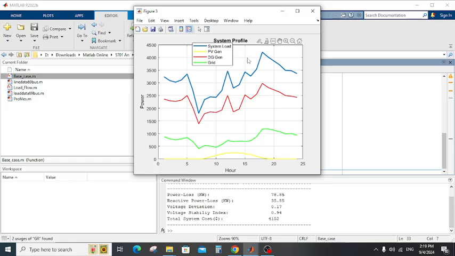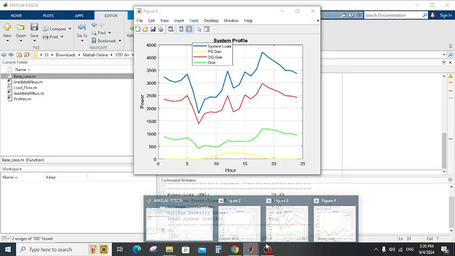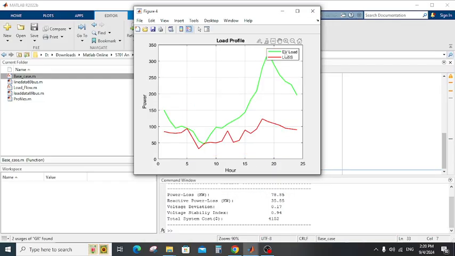This is the system generation profile. The last figure is the EV load and how the losses behave with the EV load. As you see here, the EV load and the losses of the system are compatible.